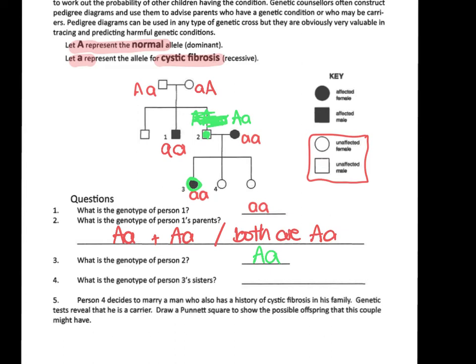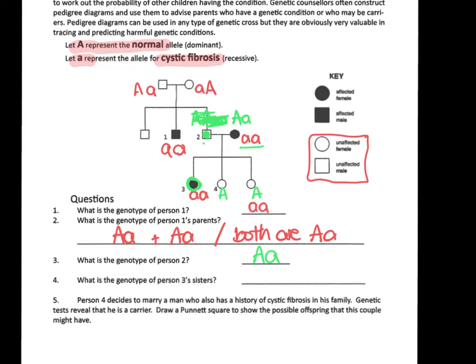What is the genotype of person 3's sisters? So we're down here. And if we look at that, we know that both of the sisters are unaffected, so they have a big A. But we've just said that individual 2 is big A, little a. Okay, so they've got the big A from their father, individual 2.